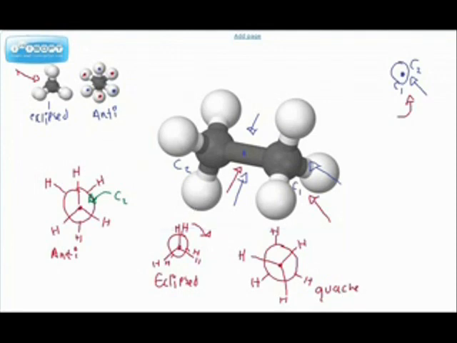So that's the introduction to Newman projections, and we're going to use this to predict the geometrical arrangements, the stereochemical arrangements is what we call it in organic chemistry, of all types of molecules.